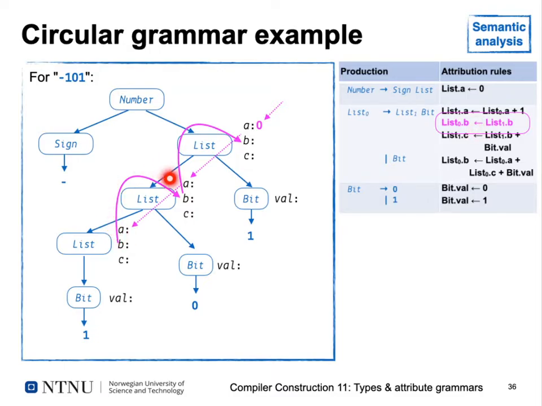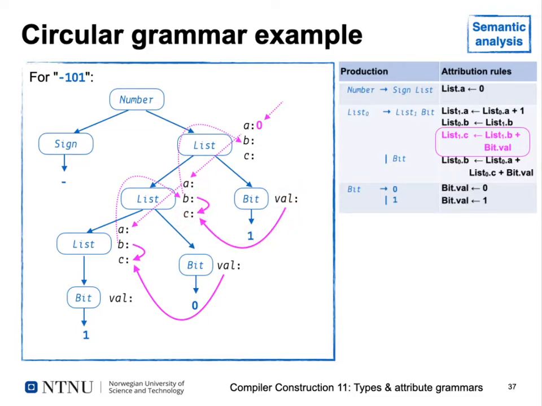So list 1.B is assigned upwards. So we synthesize this attribute upwards in our graph to list 0.B. And finally, we have list 1.C is list 1.B plus bit value. So essentially, we add this element and that element here together.